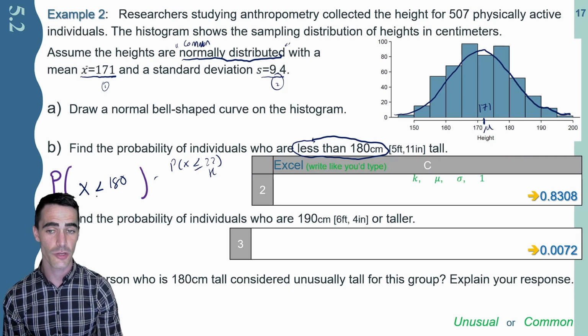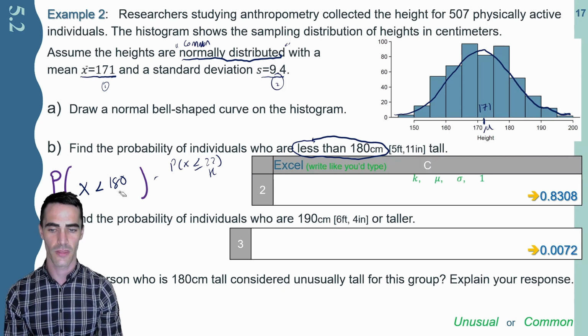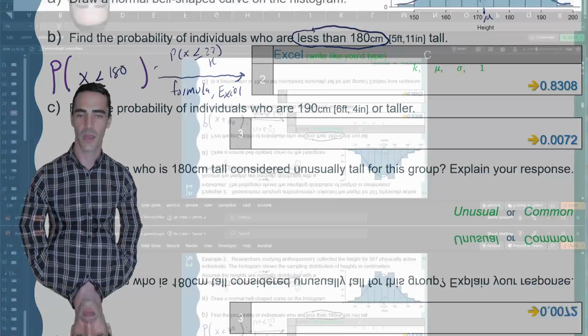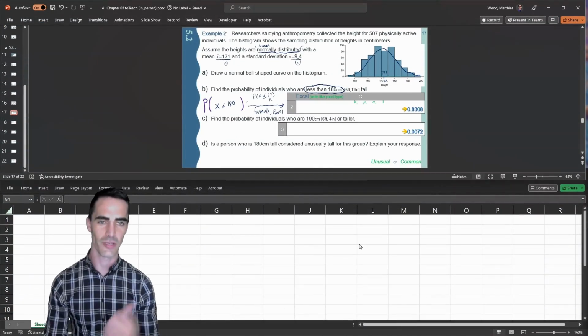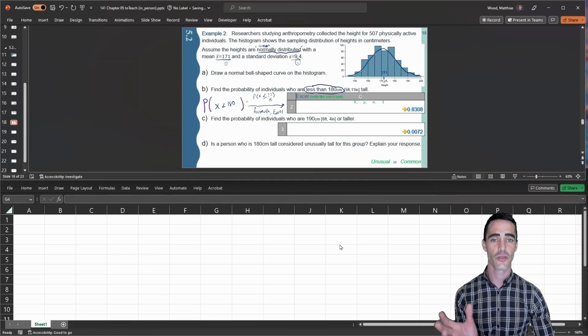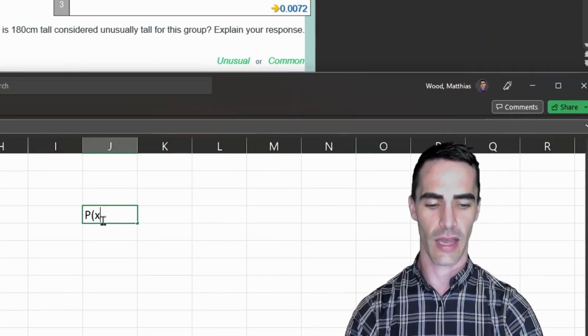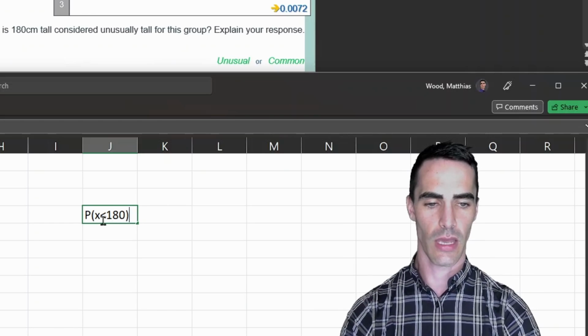For normal distribution, less than or equal to, they're the exact same thing. So now that we fit our proper form, again, you can look at the formula, or we can jump right into Excel, which is what I'll do here. And so let me open up Excel so we can get started. Let me slide over here. There we go. So we're interested in less than or equal to. Let me type it over here. Probability that x is less than 180.